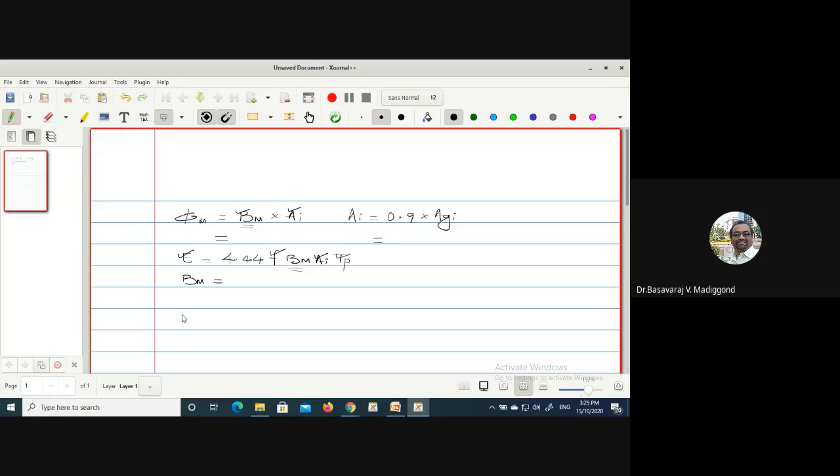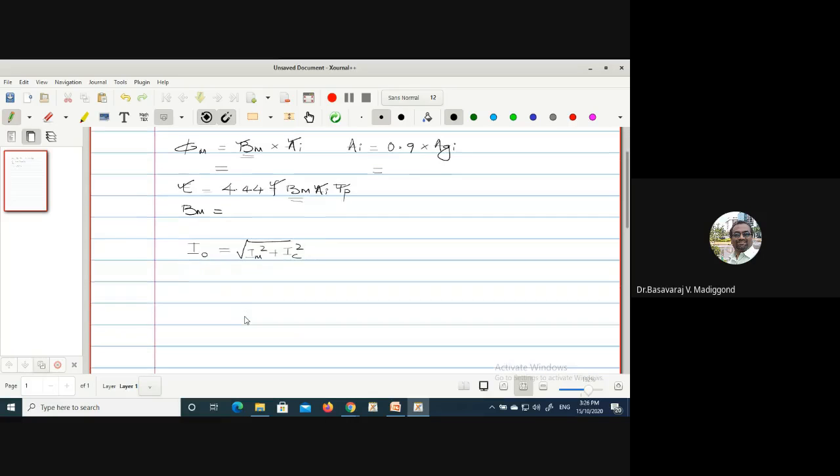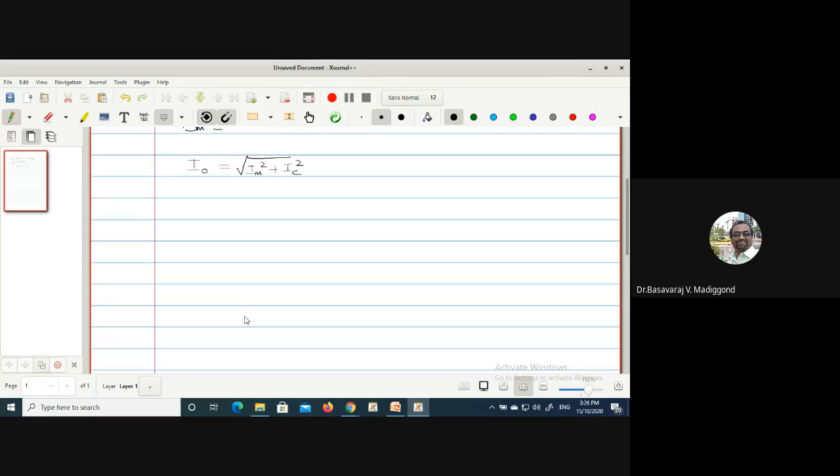Next, what he has asked you to calculate is the no load current. So you know the no load current is given by under root Im square plus Ic square, right? So Im, how do you calculate Im, the magnetizing current?